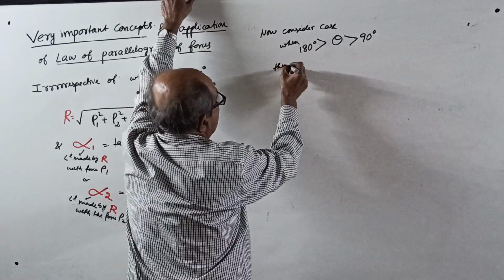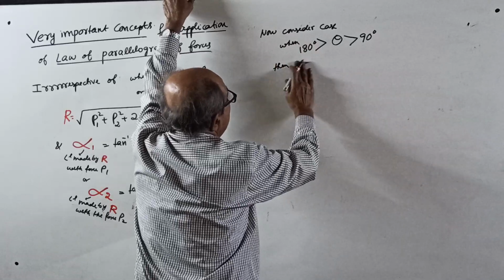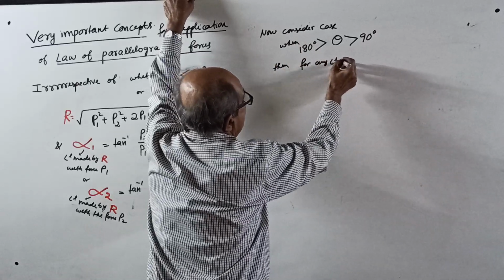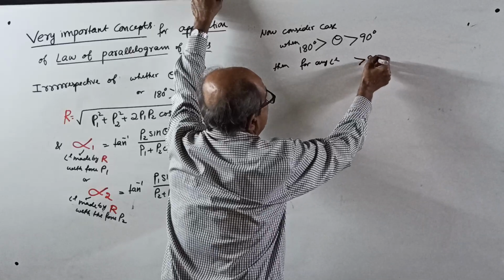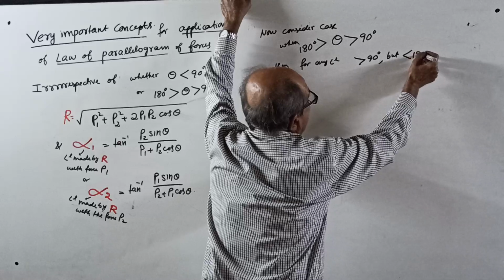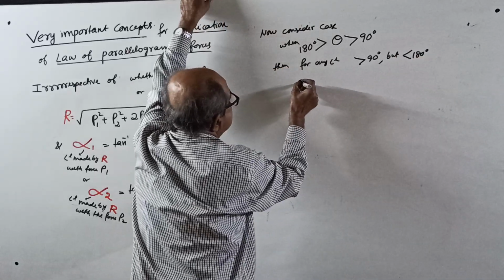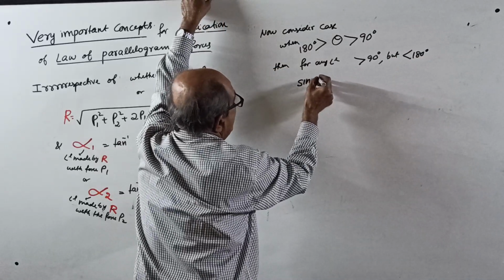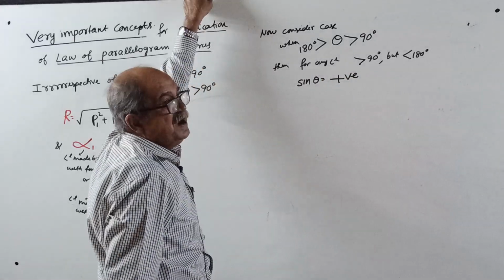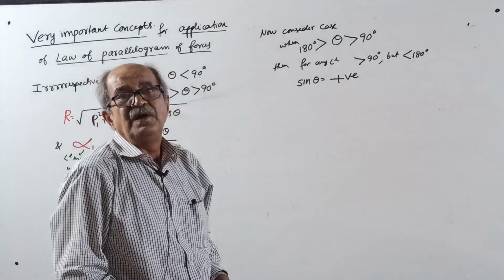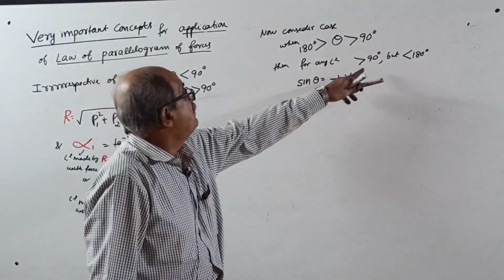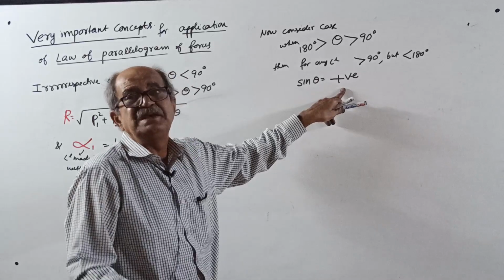Then, see, for any angle more than 90 degrees but less than 180 degrees, sine of the angle theta is guaranteed positive. You should know it. From 0 to 90, both sine and cos are positive. Above 90 up to 180, sine is still positive.